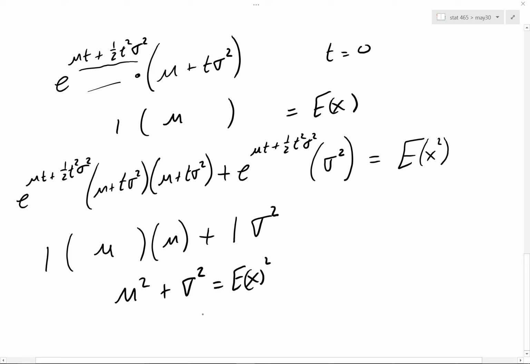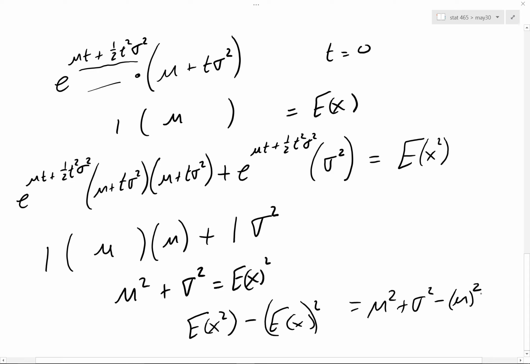The variance is the expected value of x squared minus the square of the expected value of x. So that would be mu squared plus sigma squared minus mu squared, which is just sigma squared. That's pretty awesome. So that's how those work.